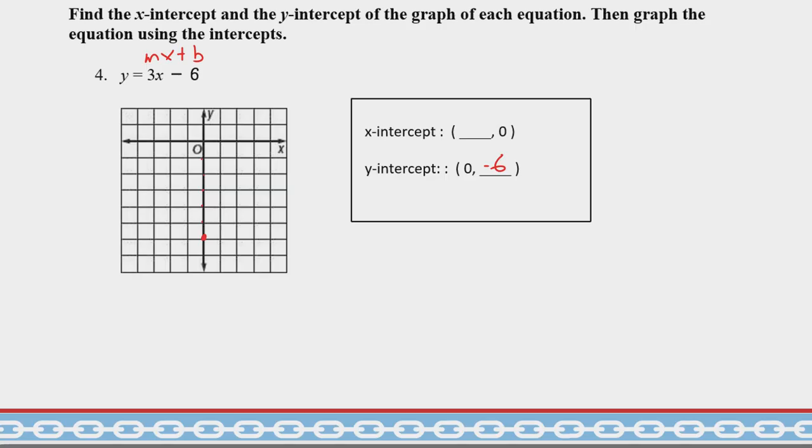And then I can use my slope then of +3 to find an additional point. Up 3 over 1. Up 3 over 1. Right? So my line's going to come through like that. Right? And it has an x-intercept right here at 2, 0.